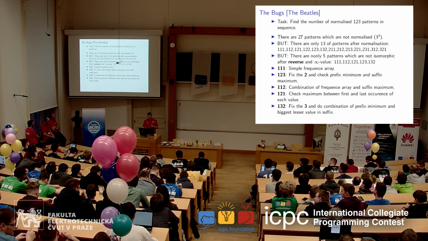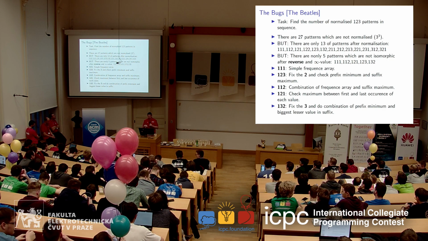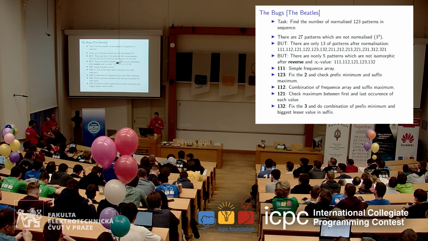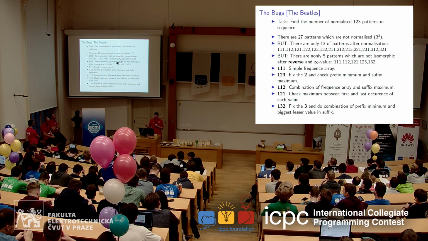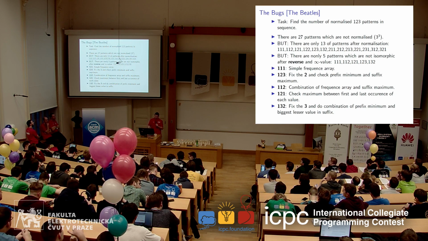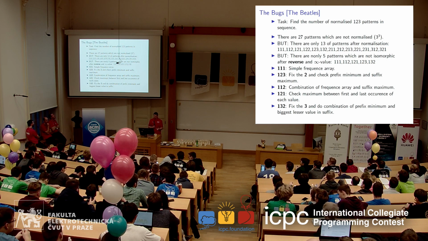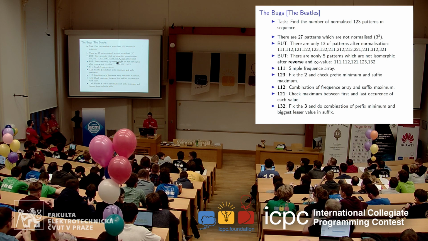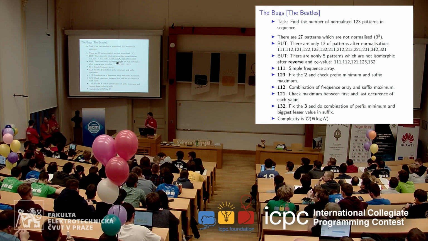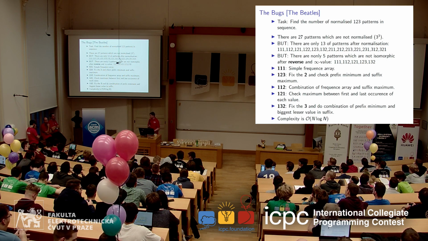And the last thing could be done by a combination of searching for a minimum on a prefix and searching for the highest number which is lesser than my number in the suffix, which could be done, for example, by some set or something like that. So this was n log n, and well, that's all for this task.